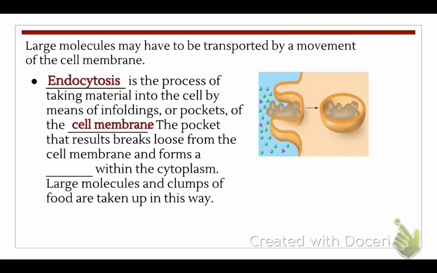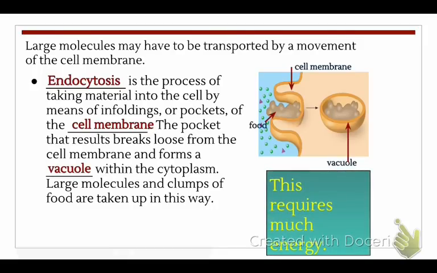The pocket that results breaks loose from the cell membrane and forms a vacuole in the cytoplasm. So it's like a bubble of the stuff now inside the cell. So large molecules and clumps of food are taken in this manner. Okay? There's the cell membrane, there's the food, very exciting, there is the vacuole. Okay? This requires a lot of energy.